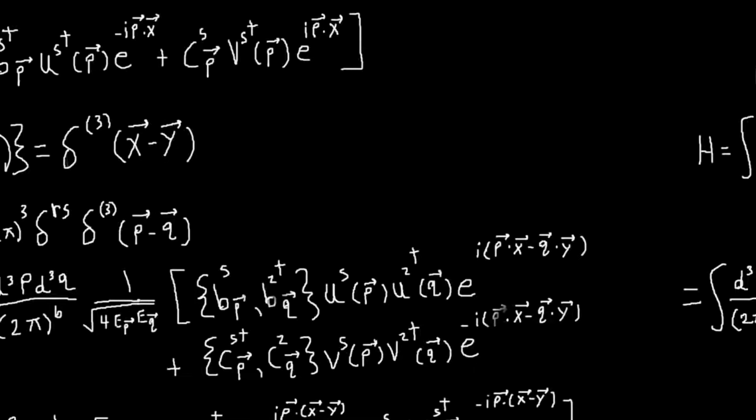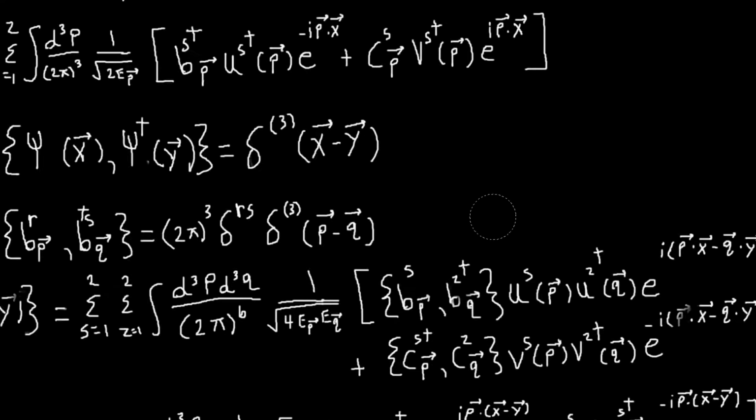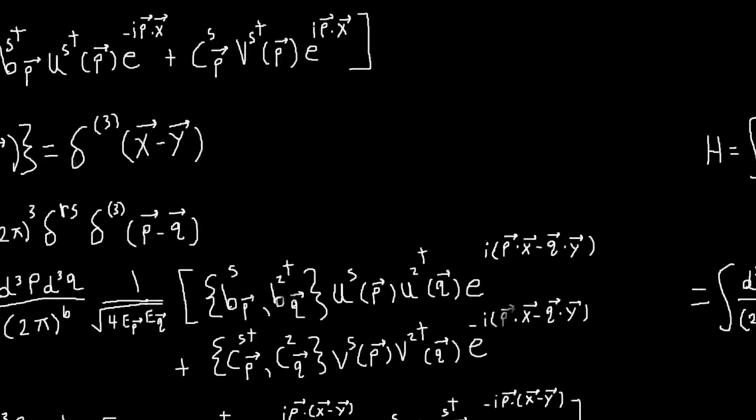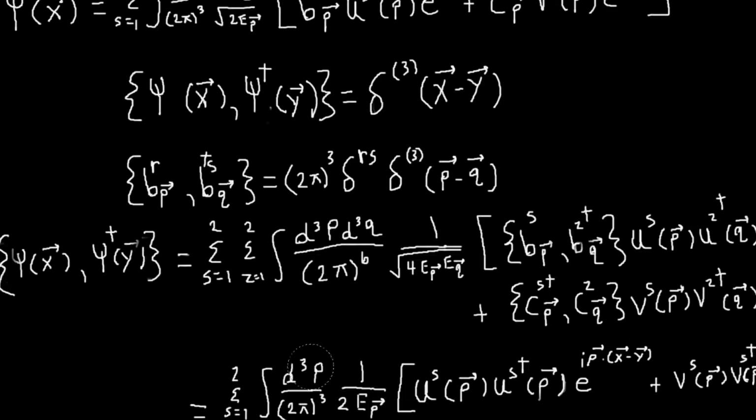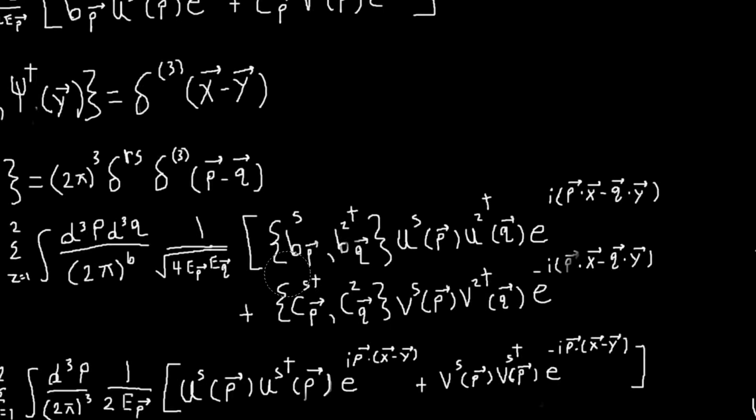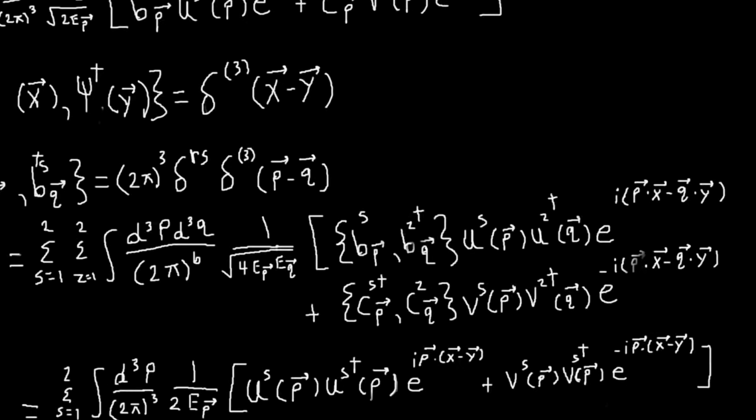So I end up with this, and then I just use these relations. So basically q will become p, s, well, I've used z here, but so z will become s, and yeah, so it's not too bad. I end up with this thing.